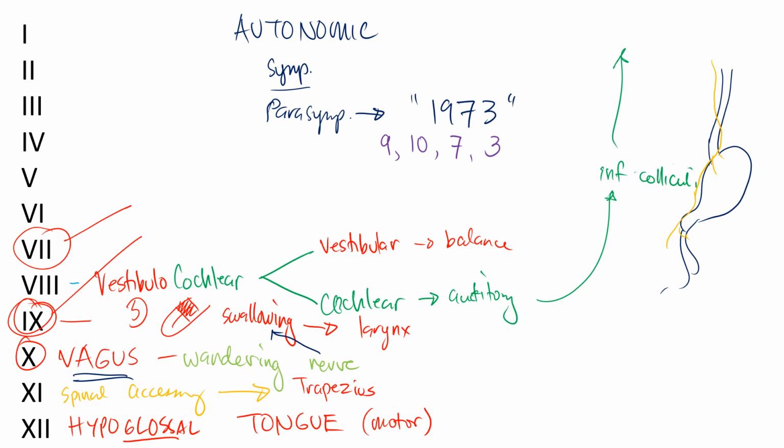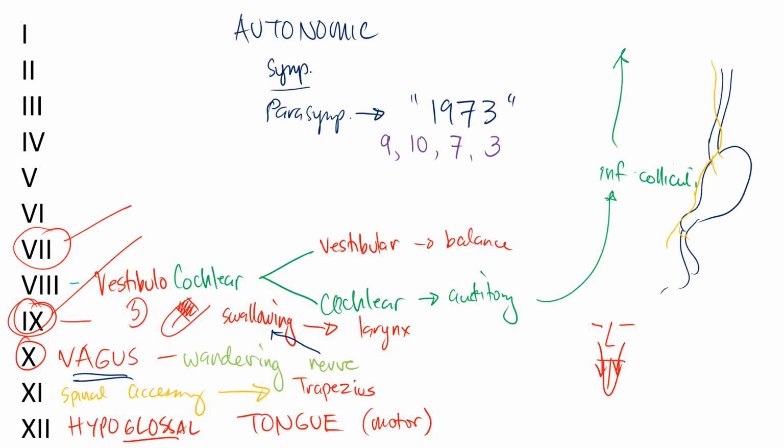So stick out your tongue, that's hypoglossal. Turn your tongue to one side and then to the other, that's your hypoglossal. Make your tongue twist or turn into a tube, that's your hypoglossal. Basically, your hypoglossal pushes out your tongue.